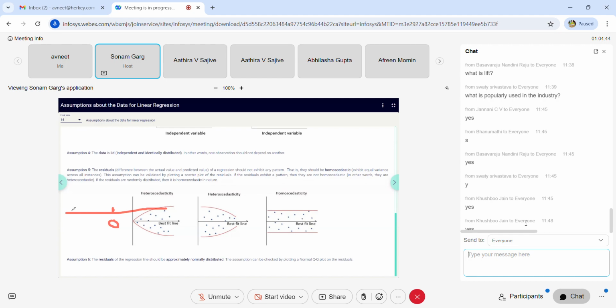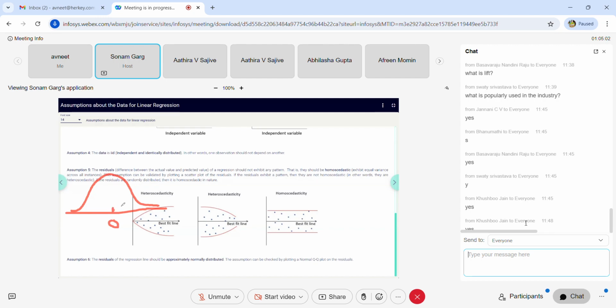Normal distribution of error means it should give you a bell curve. All the errors which you plot for this data should lie somewhere around the mean value, that is 0. The mean error should be 0.